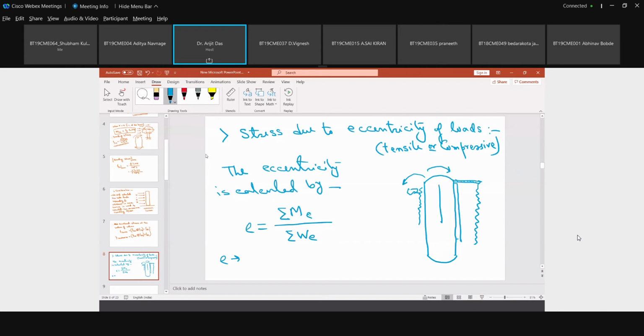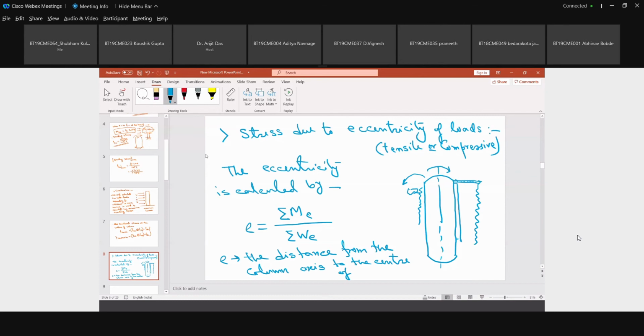So by this eccentricity physically we mean the distance from the column axis. So the column axis is this one. So the distance from the column axis to the center of the resultant reaction.